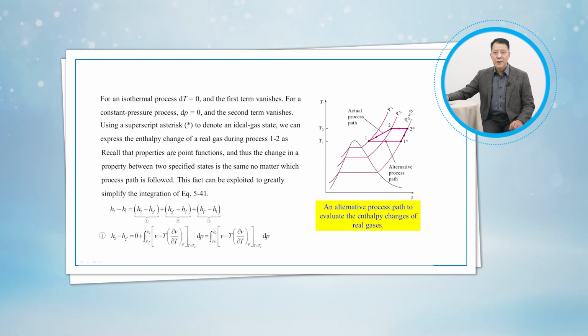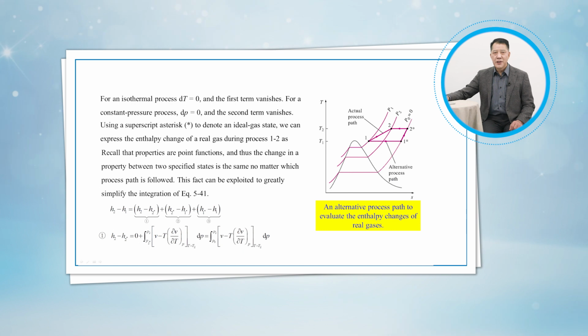Recall that properties are point functions, and thus the change in a property between two specified states is the same no matter which process path is followed. This fact can be exploited to greatly simplify the integration of equation 541, taking process 1 to 2 as the example.